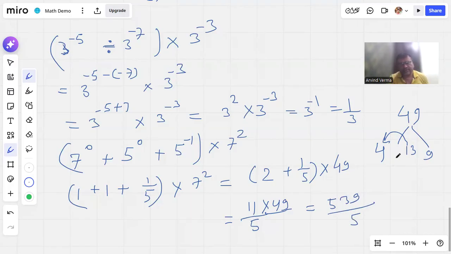Let me repeat. Whenever we multiply with 11, there is a shortcut. 49, we will write 4 and 9 separately and add 4 and 9, 13. It's a two-digit number. So 1 will be carried over to 4. That will become 5. And 3 and 9 will be continued. So 539 upon 5 is your answer.